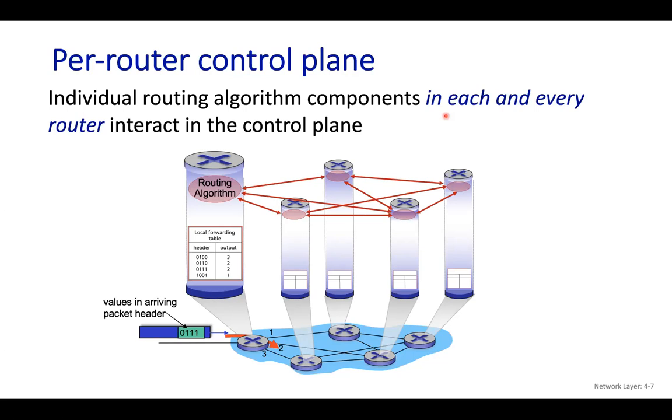It's just based on the scheme implemented in each router. Each router has a forwarding table here. You can see that the data plane is separate from the control plane. The control plane is the routing algorithm, and the data plane is how you forward the data, how data flows.